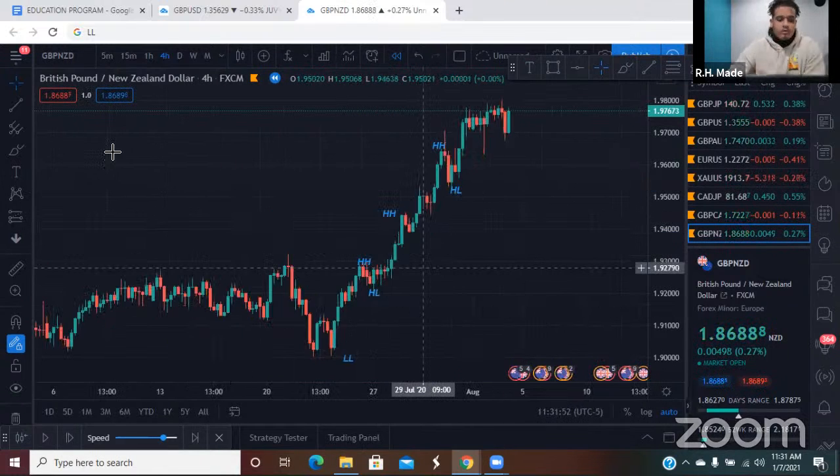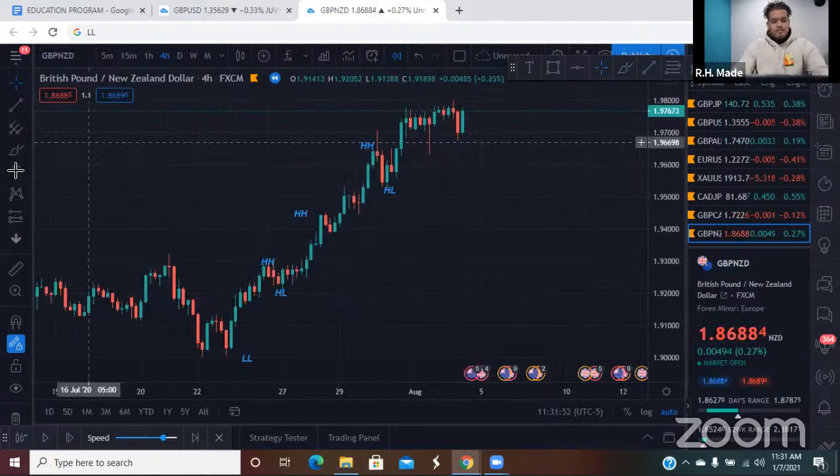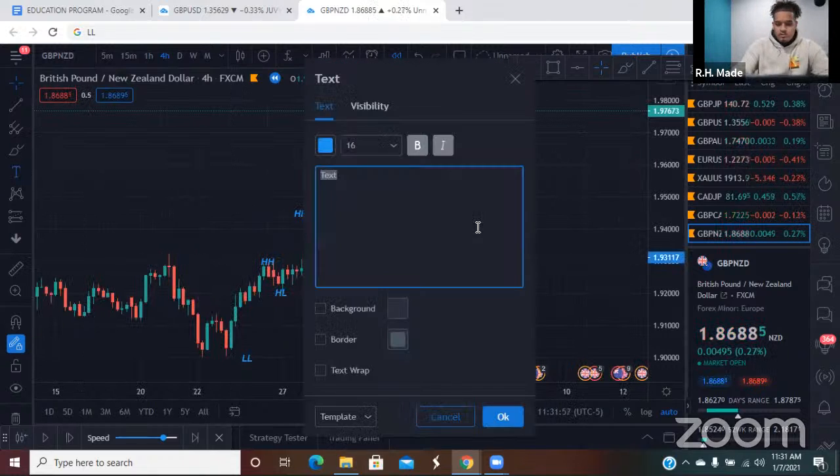So for buyers, for my bulls, bulls buy at support. They buy at the higher lows.